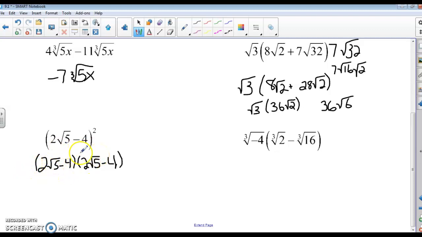So 2 square root of 5 times 2 square root of 5 makes 4 square root of 25, which we will simplify further. 2 square root of 5 times negative 4 would be negative 8 root 5. And negative 4 times 2 root 5 would again be negative 8 root 5.